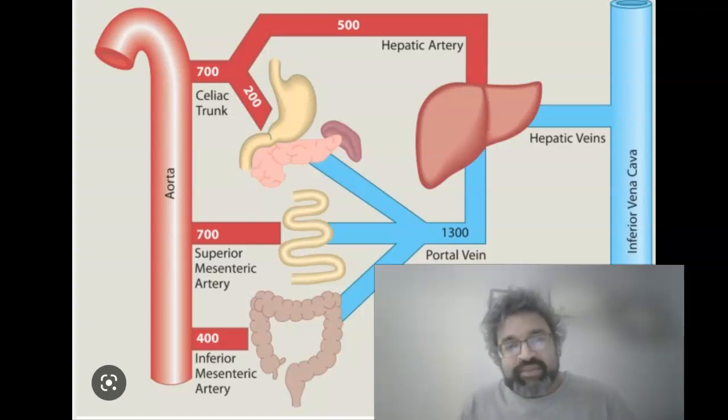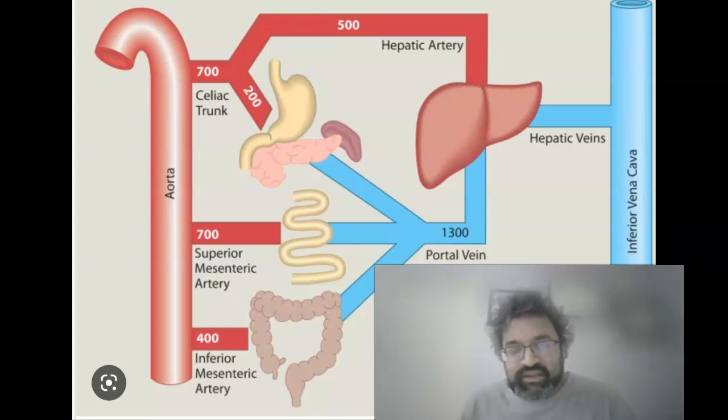If we're thinking about the stomach, the pancreas, all of those things, they're covered by the celiac artery. And once the blood goes into the liver, it is considered deoxygenated blood, but still nutrient rich.